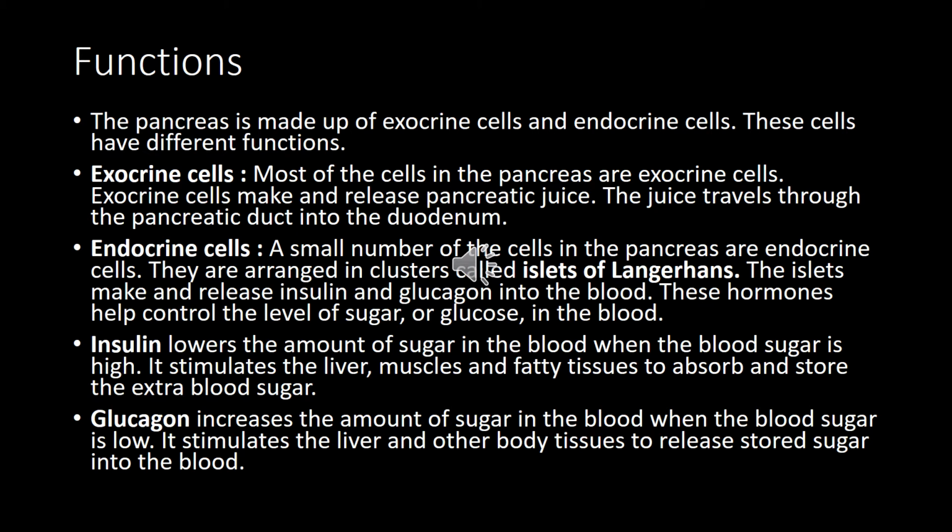When the blood sugar is high, insulin stimulates the liver, muscles and fatty tissues to absorb and store the extra sugar from the blood. Glucagon increases the amount of sugar in the blood. When the blood sugar is low, it stimulates the liver and other body tissues to release the stored sugar into the blood.